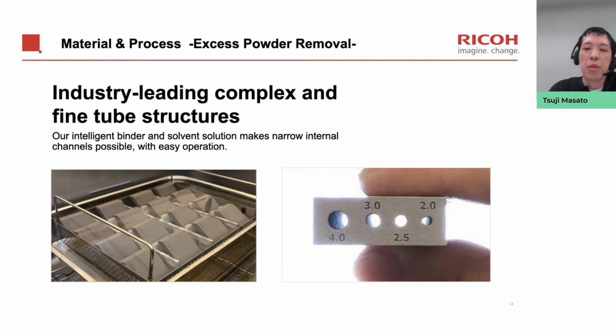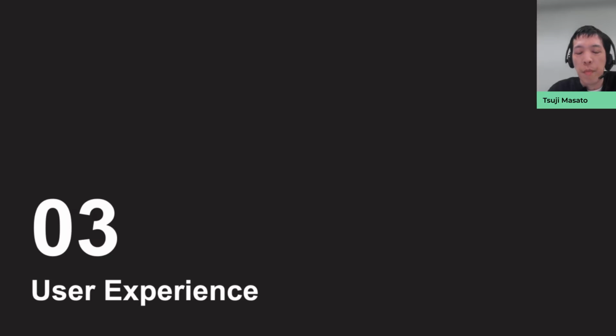The right picture shows after depowdering. These depths are more than 50 millimeters, and it's evident that even with a diameter of 2 millimeters, it penetrates through the internal channels. These are the technical features.